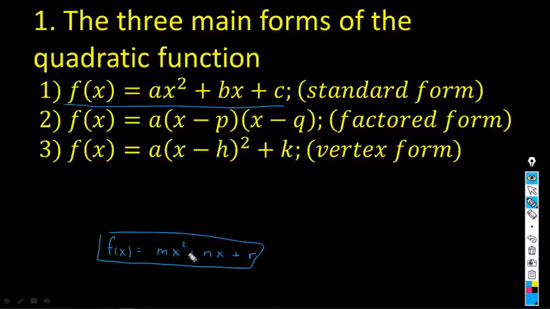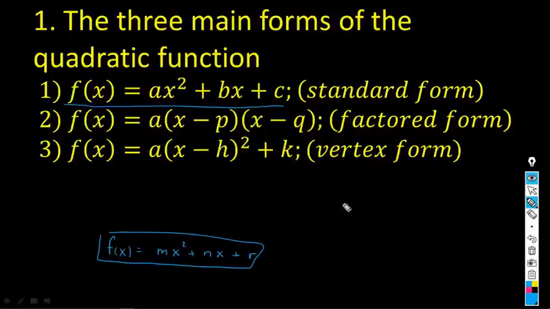It has the same shape. Even though we're calling the coefficient of x squared m, the coefficient of x n, and the constant r, it doesn't make any difference. It is the same thing. Try to understand that. Don't get married to a, b's, and c's. It's not always written in that way.